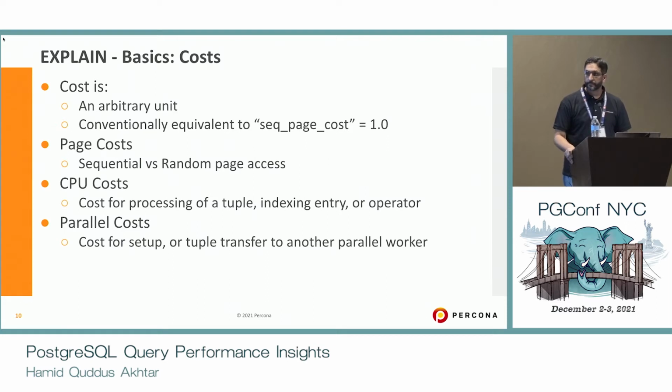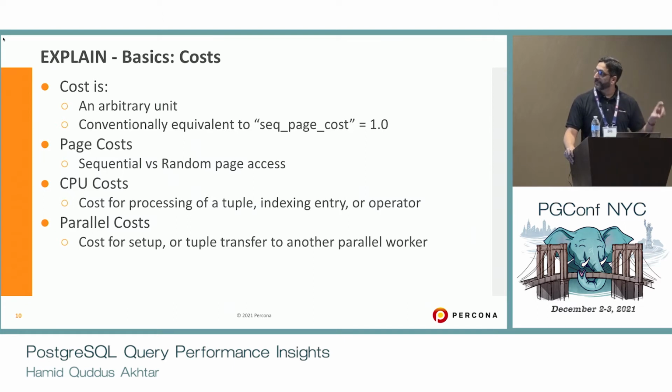Then you have page costs, sequential and random. These are obviously going to be different, in the sense that sequential scanning means you can read sequentially in a continuous operation. But random is where you would have to seek and go back and forth in the data files to access that piece of data.